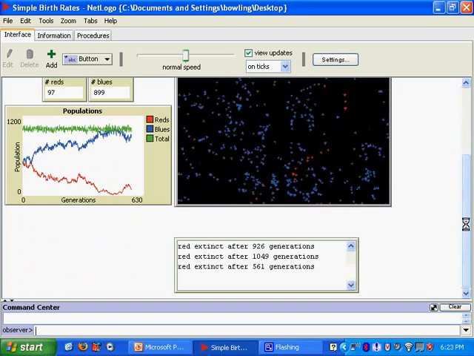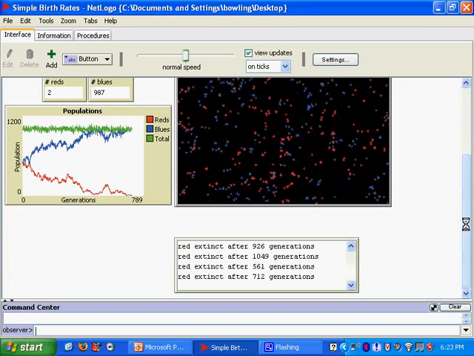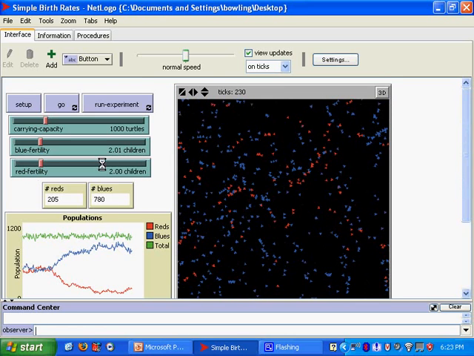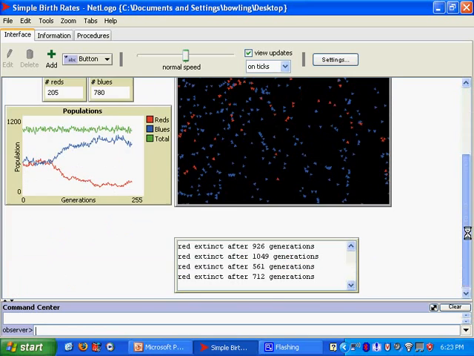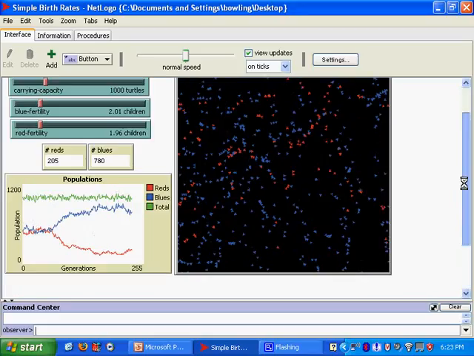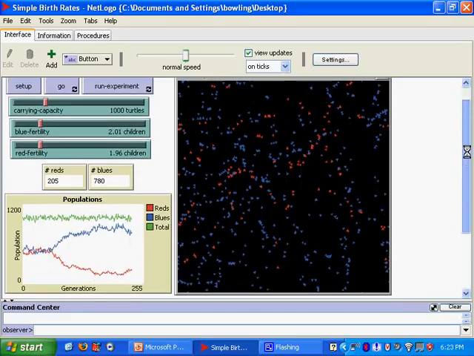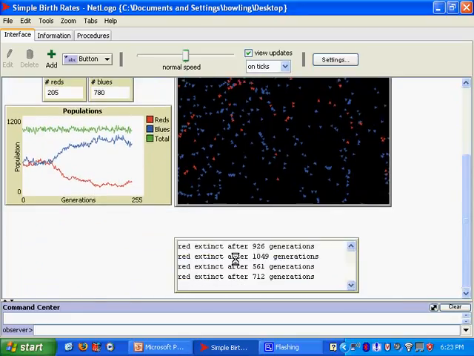This time it looks like it's going to go extinct after 712 generations. So we can see that this small incremental advantage, just 0.5%, gave us a huge increase in which player dominated the market.